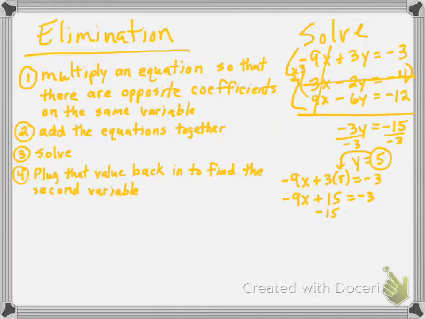So I need to subtract the 15. I get negative 9x equals negative 18. Divide by negative 9, and I get x equals 2. So now that I have x and y, I have my solution. So my solution is x equals 2 and y equals 5.